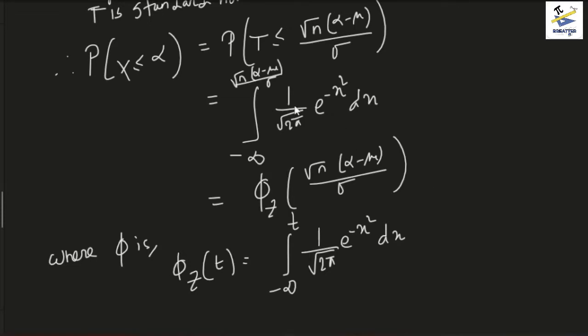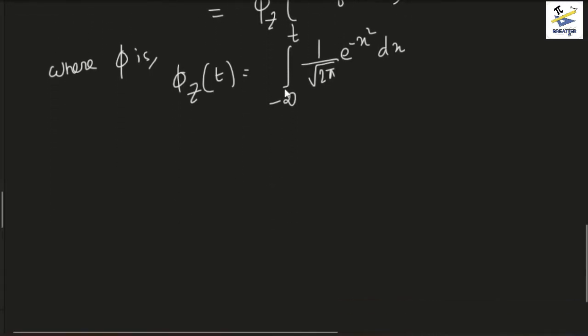And when the sample size is large enough, every variable can be approximated by the standard normal distribution, and this is basically where the central limit theorem comes into play. So what is the CLT?